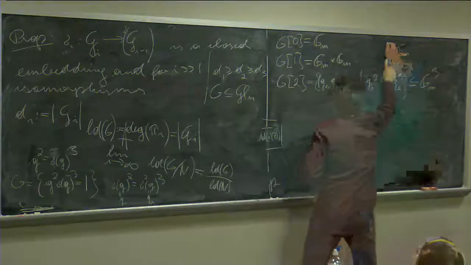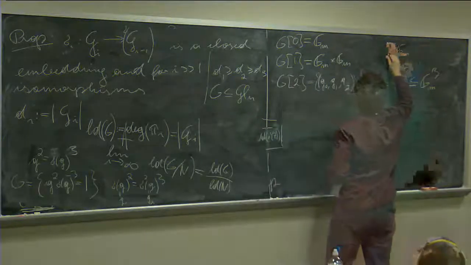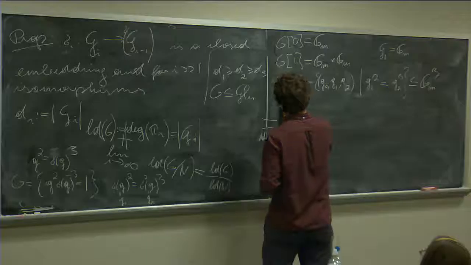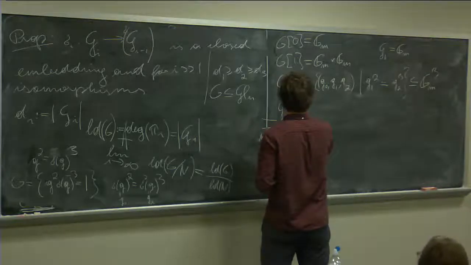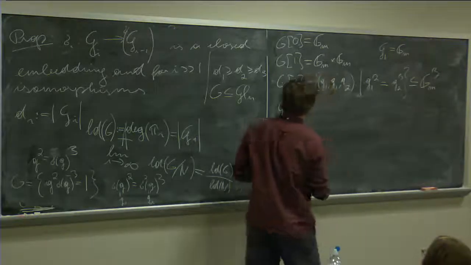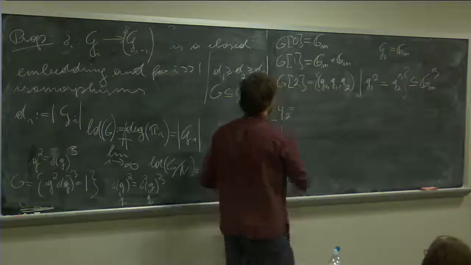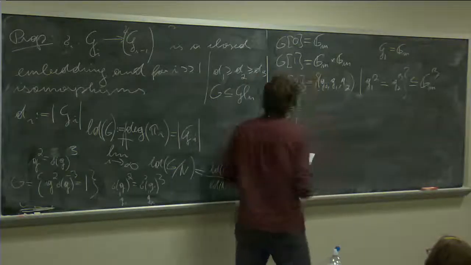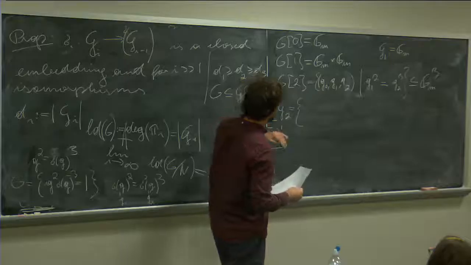Oh, sorry. G1. So the first kernel is just a G_m. Then what is going to be the G2? So this is the kernel of the second projection.